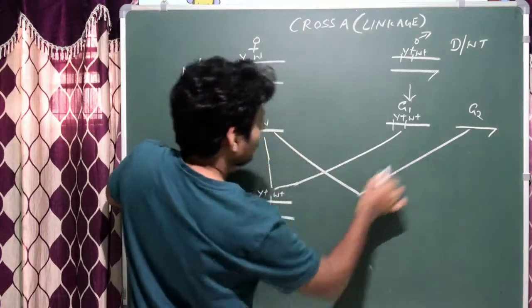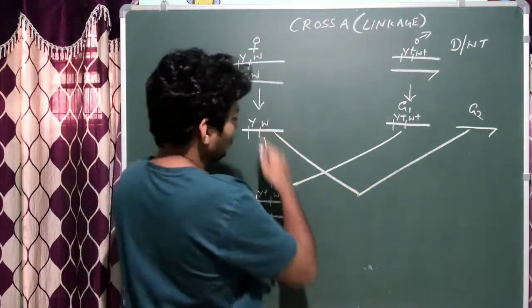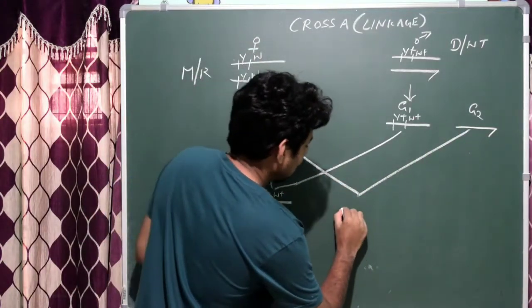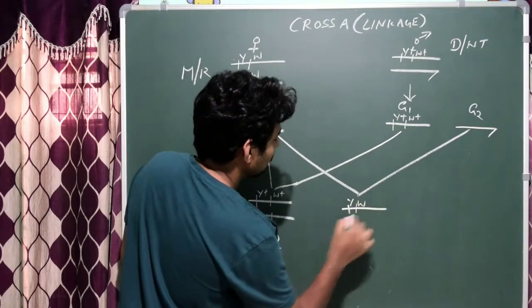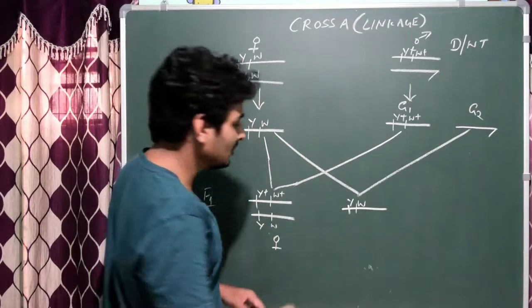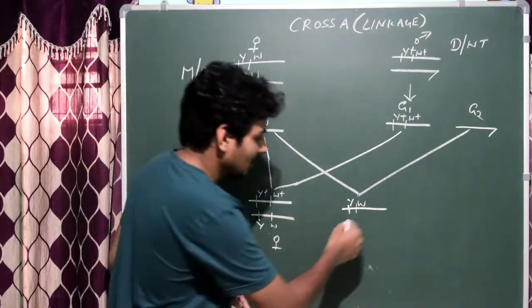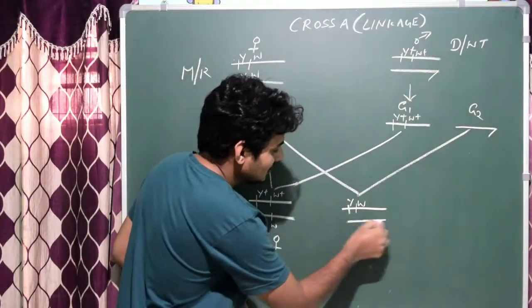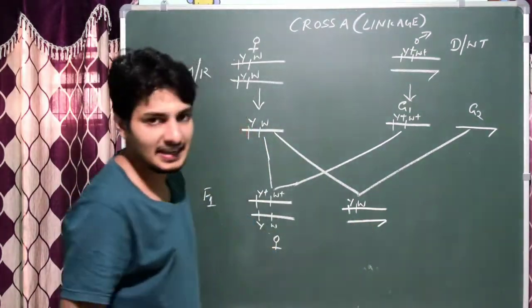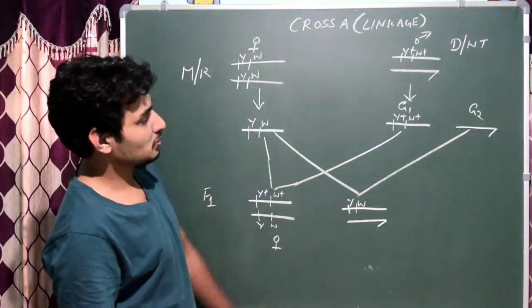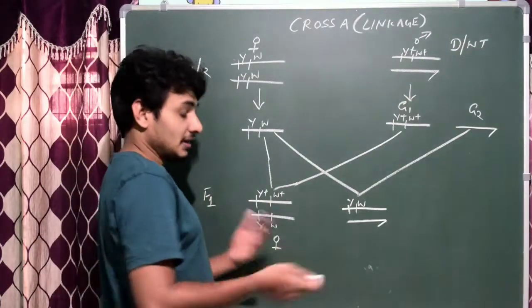The possibility, case number 2: what if G2 now fuses with the gamete? In this case, first I write the X chromosome, that is y w, which is given by the female mother, that is a maternal chromosome, and in this case it is Y, which is the paternal chromosome. Obviously it doesn't carry any genes responsible for body color and eye color.